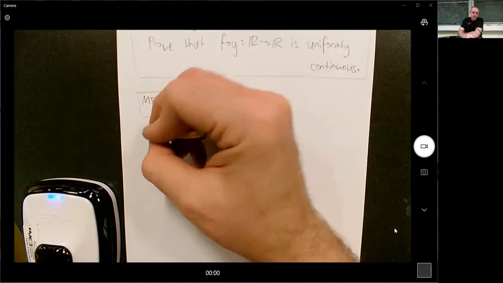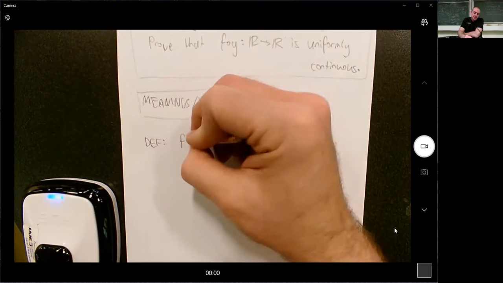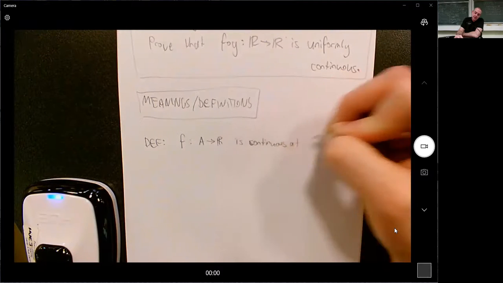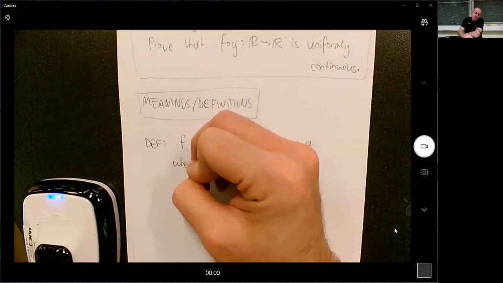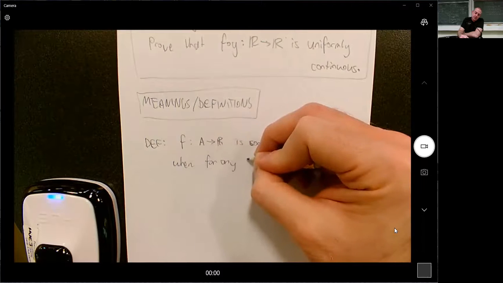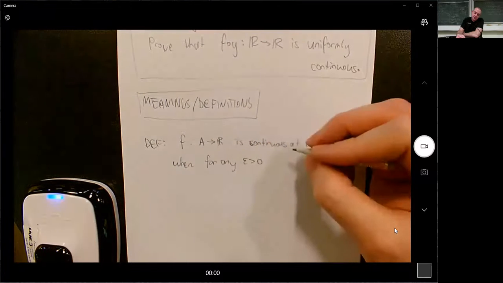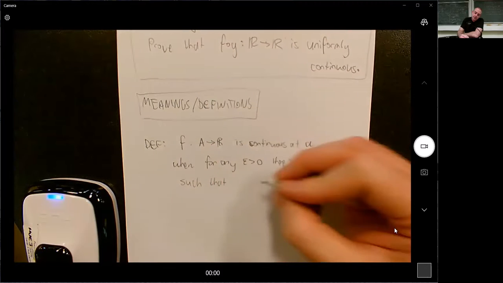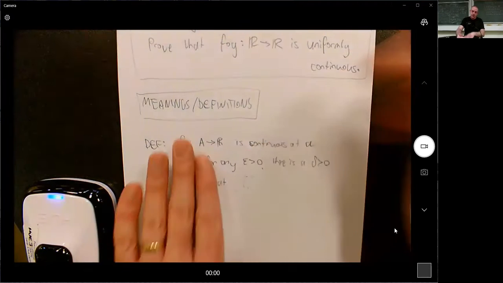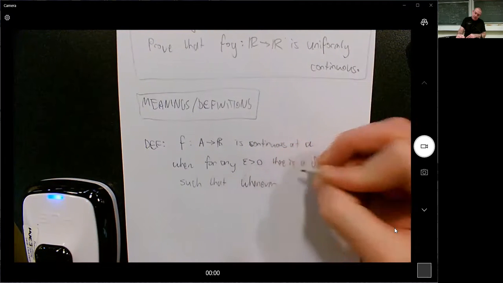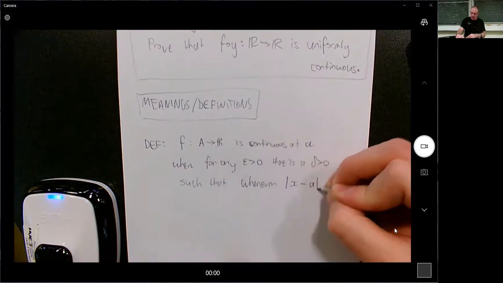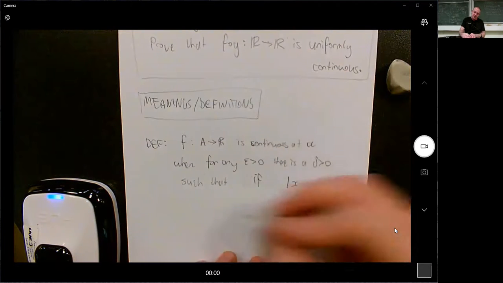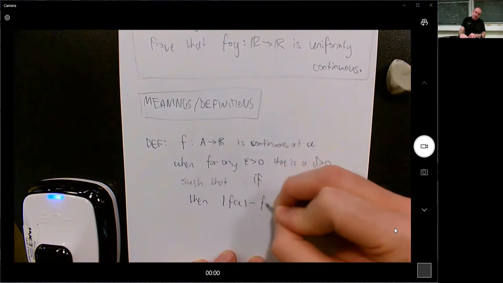So I think this is the definition. F, which sends some set to R, is continuous at A when for any epsilon greater than 0, there is a delta greater than 0 such that if the distance between x and A is less than delta, then the distance between f of x and f of A is less than epsilon.